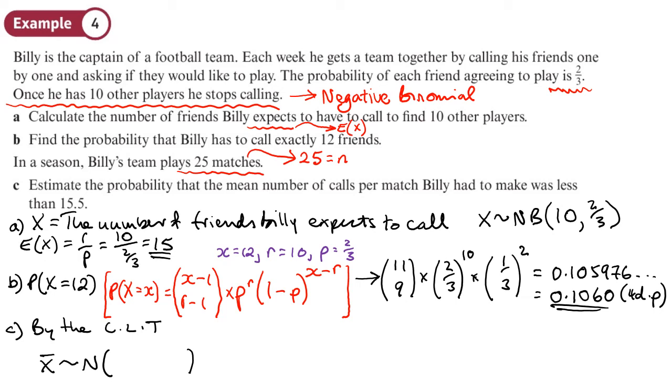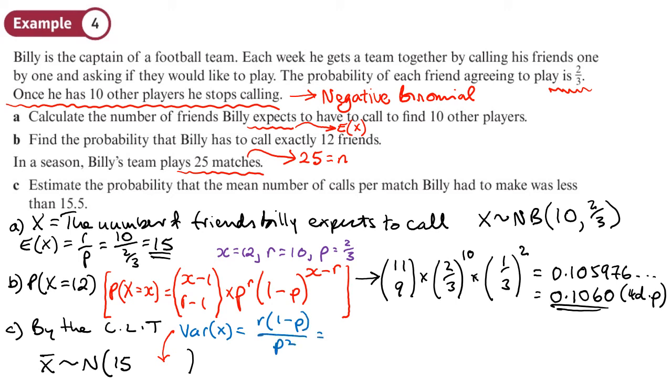Now the mean we've got already, that was 15. So we also need to work out Var(X), and I believe this is in the formula book, it's r times (1 minus p) over p squared.